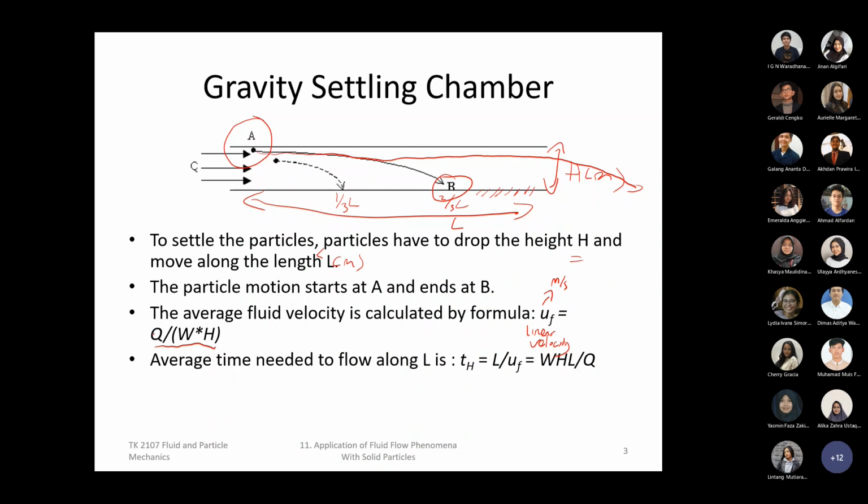Of course Q is the volumetric flow rate, or debit, in cubic meter per second, for example. That's width in meter. That's height in meter. So you end up with linear velocity along the horizontal direction, UF.